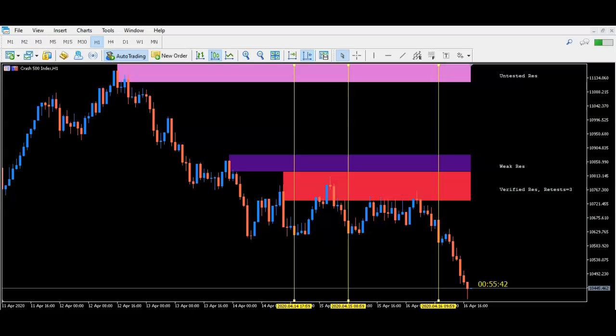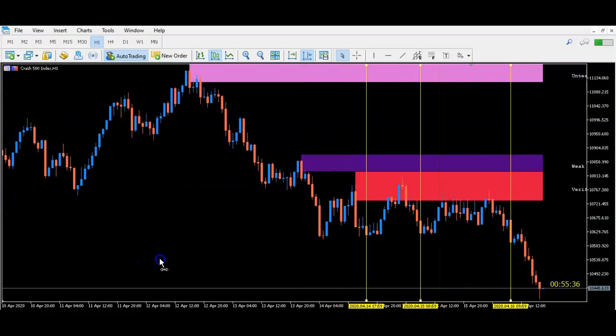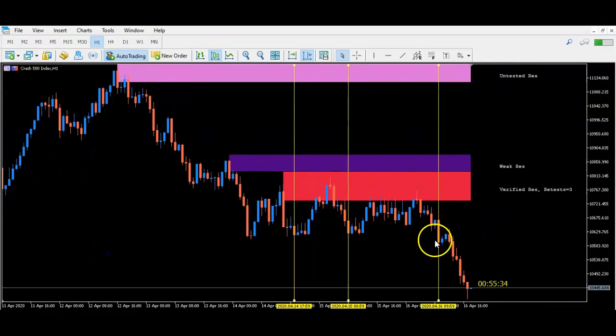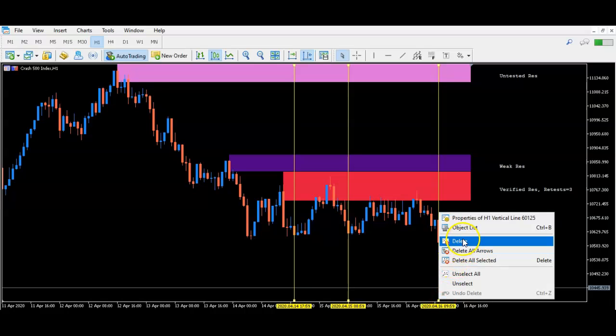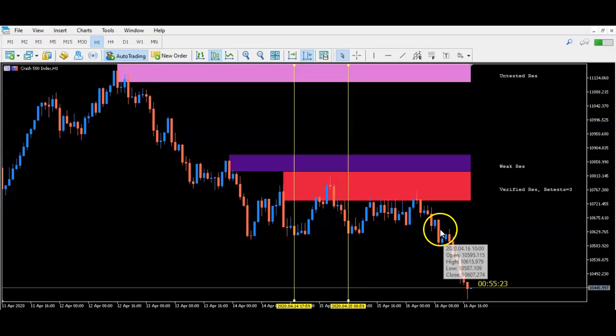All right, so quickly, let's get on the charts so I can show you how to practically do this. I marked up a few inside bars so we can see how this works. Let's take a look at this one. Here is a mother bar, and here are the inside bars.